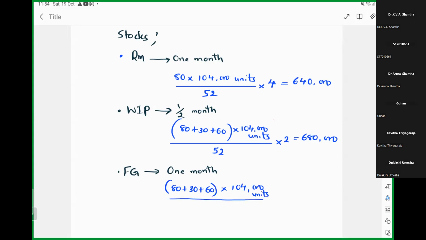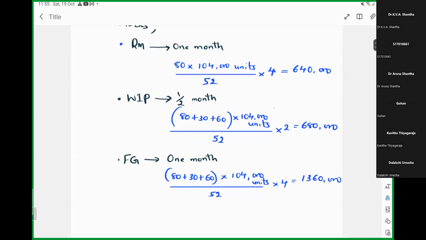So divided by 52. 1 month means 4 weeks. How much? 1,360,000. So those are the stock values.